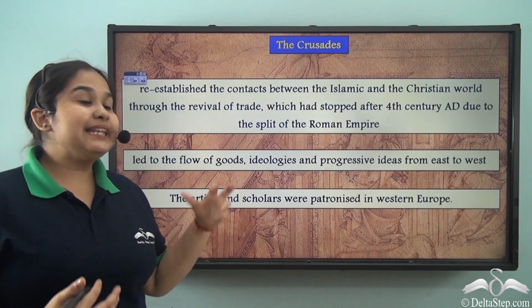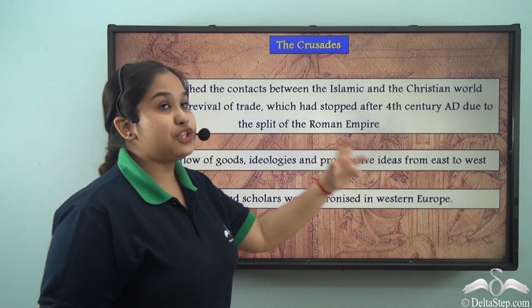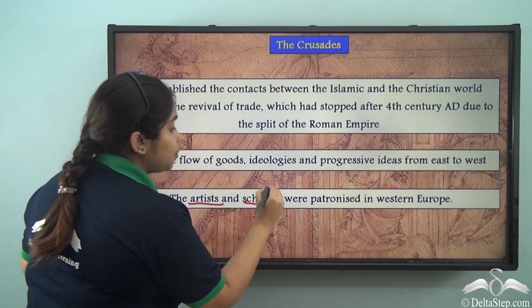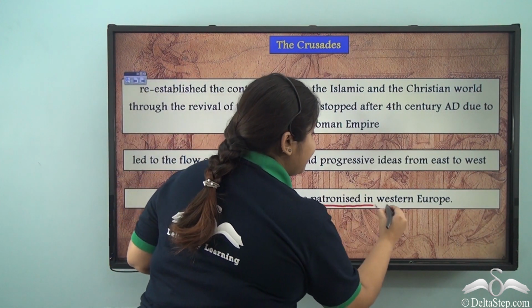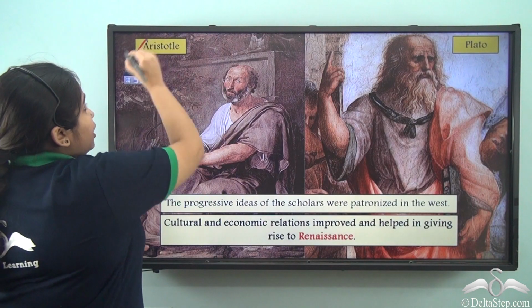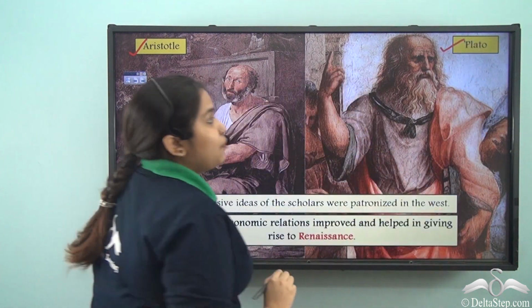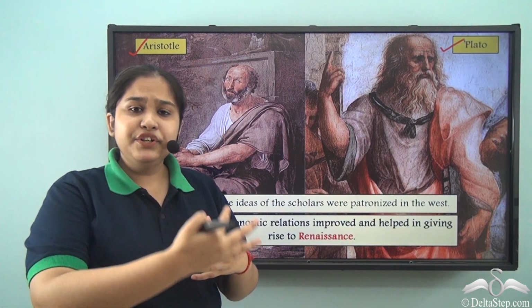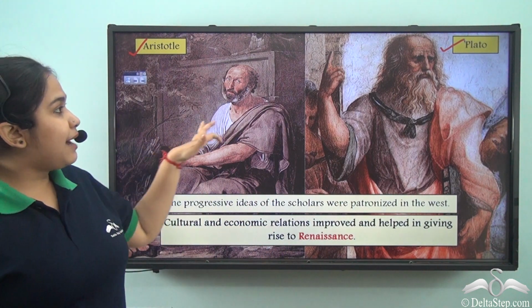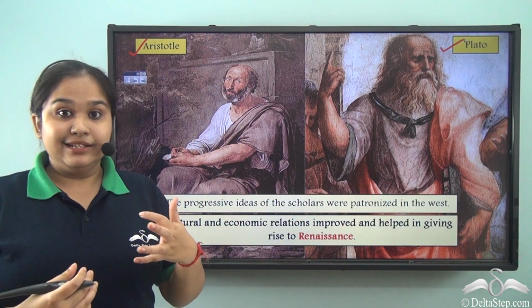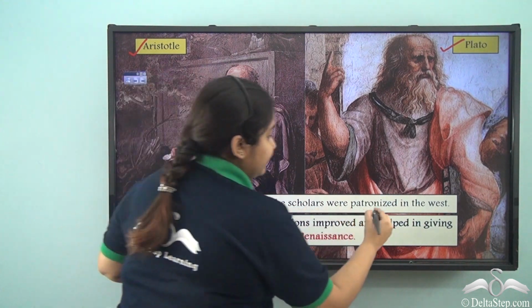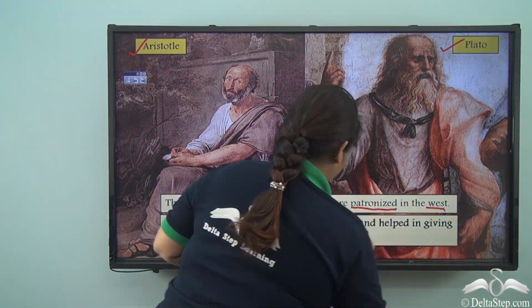Now, who were bringing these ideas or ideologies to the West? It was the artists and the scholars who were being patronized in Western Europe. Scholars like Aristotle and Plato were migrating to the Western Roman Empire, and they were establishing their various ideals, right? Various ideas, and they were being accepted in the West.